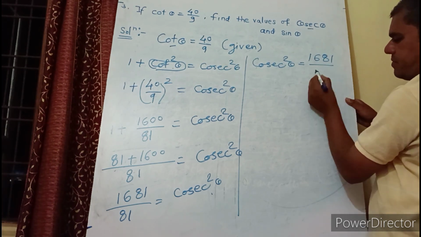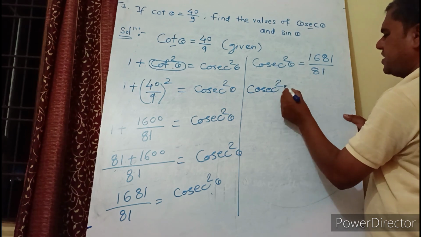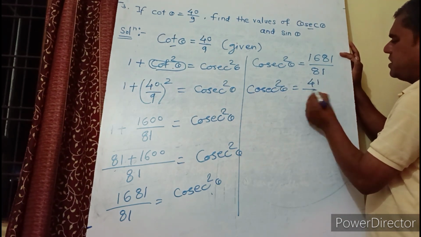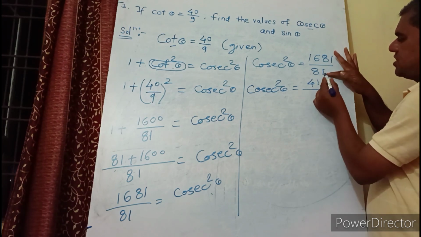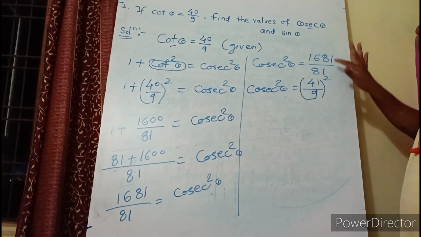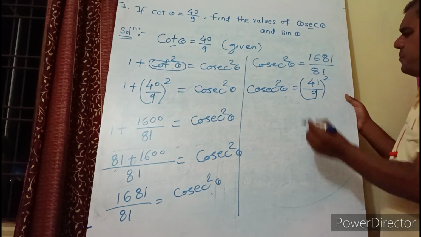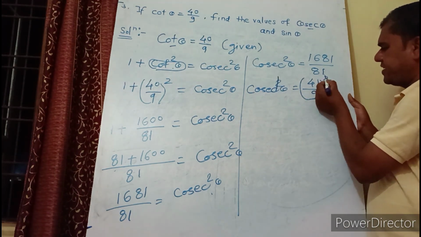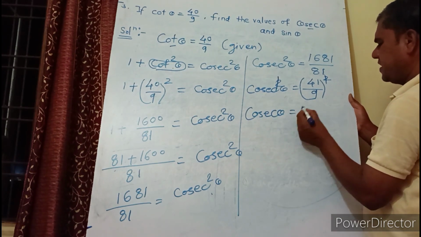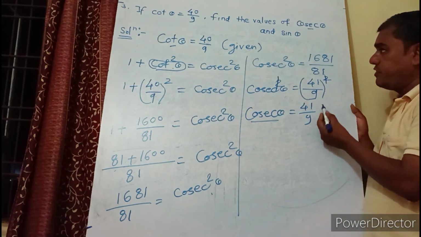Now 1681 is nothing but the square of 41 and 81 is the square of 9. Square and square get cancelled, and we get the value of cosec theta as 41 divided by 9. We get the value of cosec theta, that is 41 by 9.